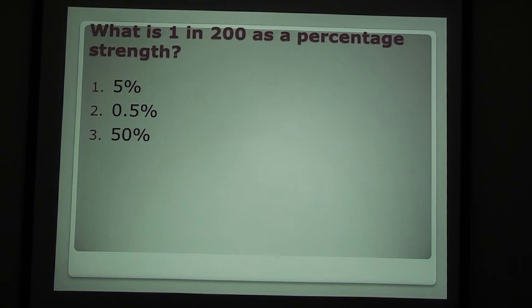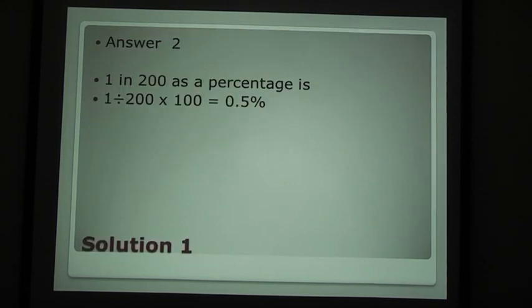What is 1 in 200 as a percentage strength? Yeah. 1 in 200 as a percentage strength is 1 divided by 200 multiplied by 100. That's 0.5.